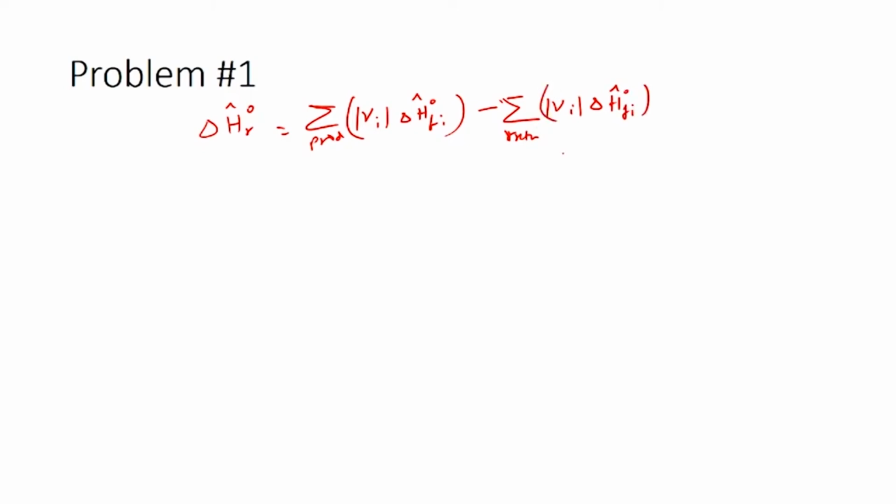This is the equation which we have derived using Hess's law, and we have already checked if this equation is valid. So, we can test it one more time while we are doing the calculations.